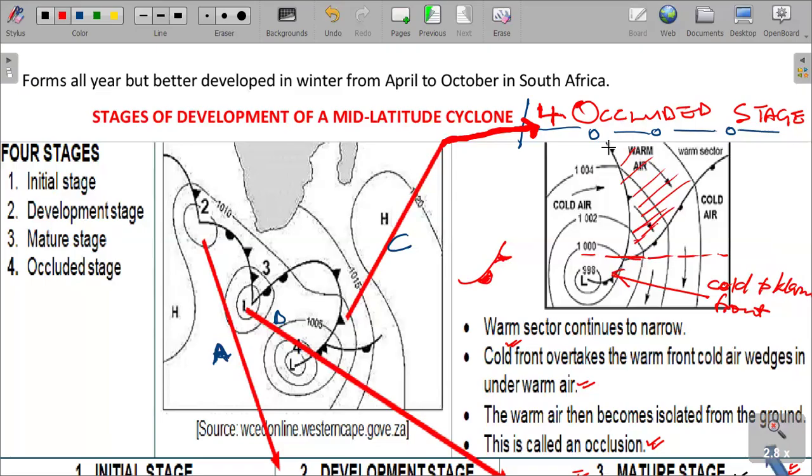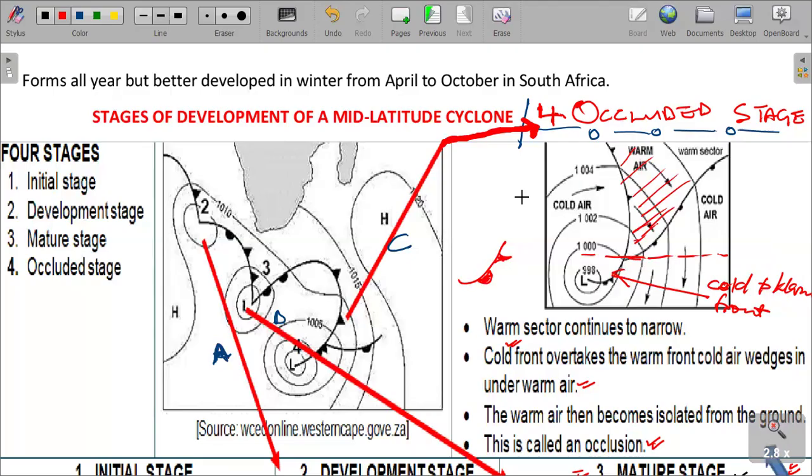Thus we can say no boundaries are marked by fronts between two air masses. Remember that boundaries between two different air masses are marked by the presence of fronts.